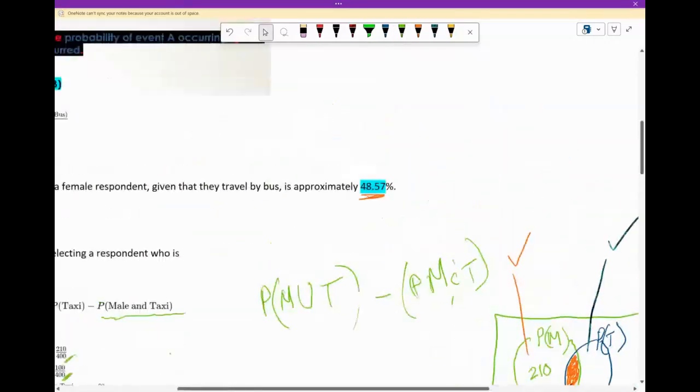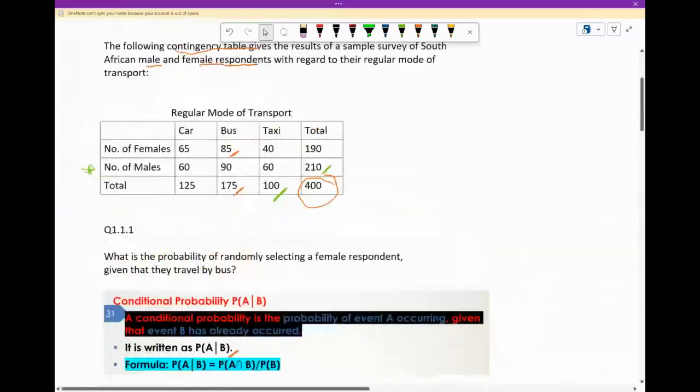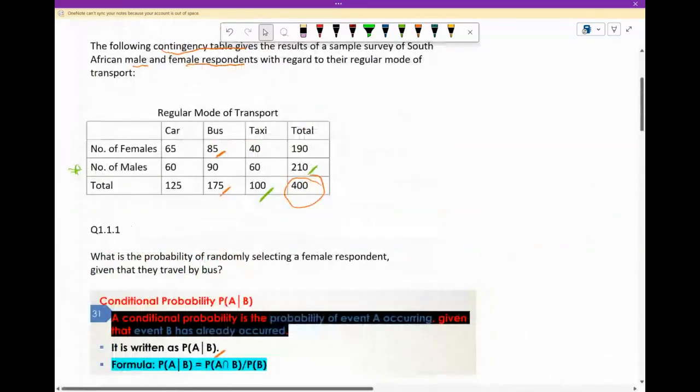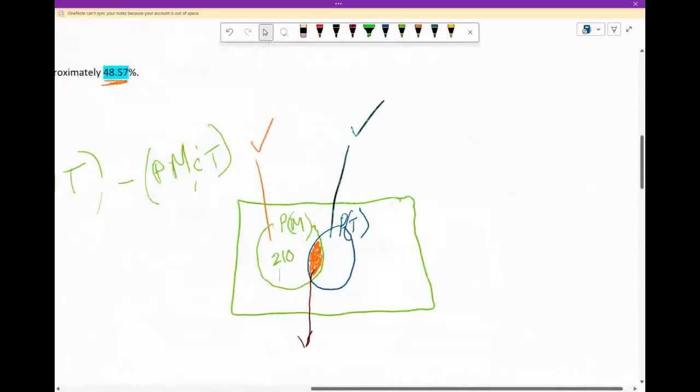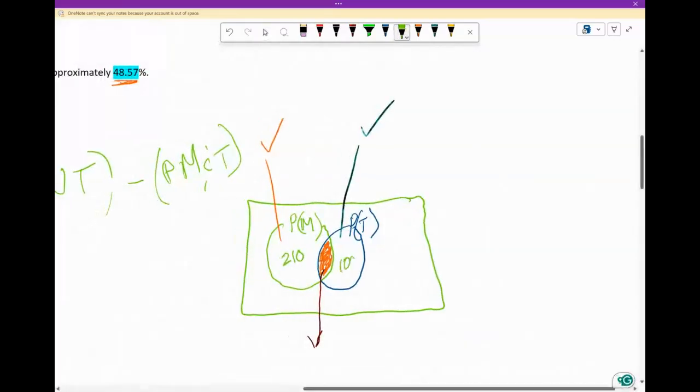And from the taxi respondents, we have 100 that we might select, isn't it? But that's both male and female. So can you see if we just say 210 over 400, because this gives us the probability, plus your 100 over 400, probability for taxi.